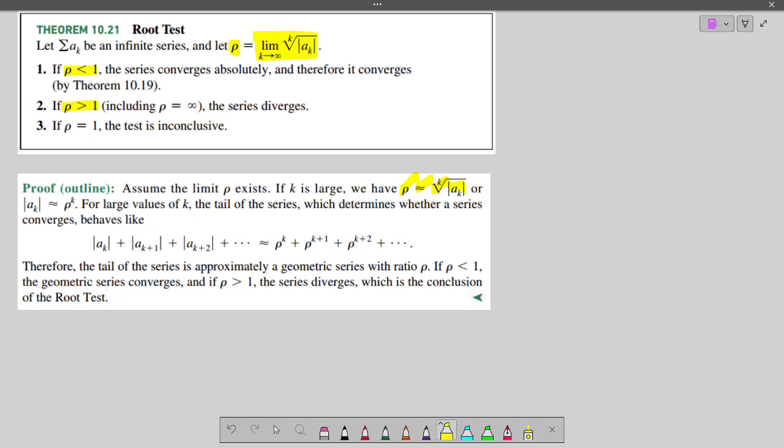And once again, this is true for all k. And so that means that the k plus first root of a sub k plus 1 is about rho. And so we have a similar situation to the last one: out in the tail, this is just acting like a geometric series. It's like we're multiplying by rho repeatedly.